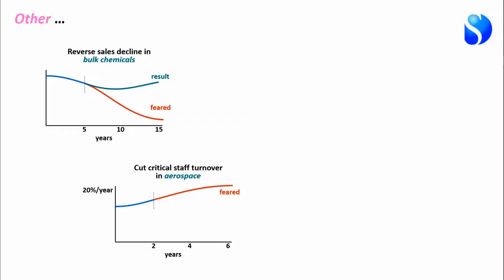They really need the experience that comes from these skilled people staying with them for many years, and a dynamic model showed how it was possible to change the way in which people were hired and developed and recruited and rewarded to radically reduce the turnover of those staff.